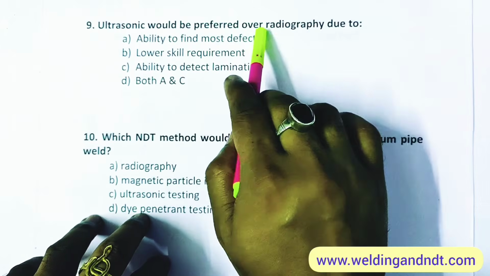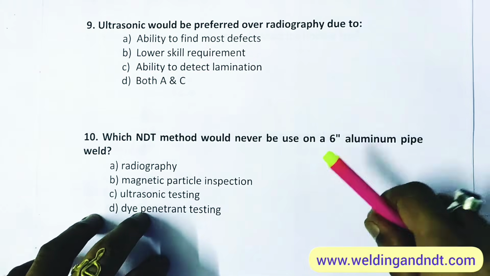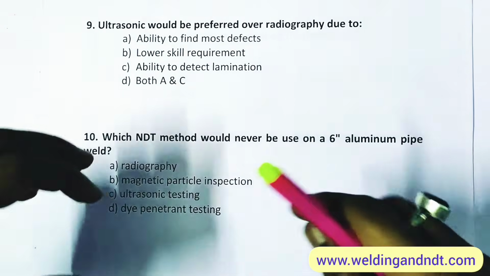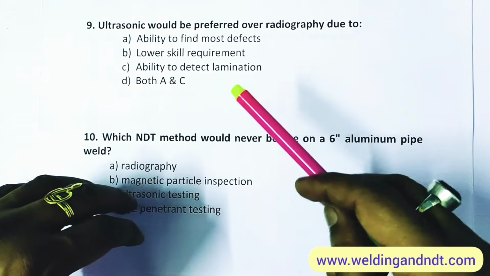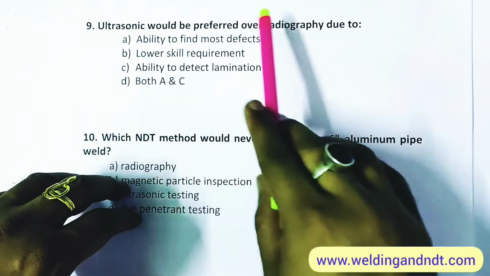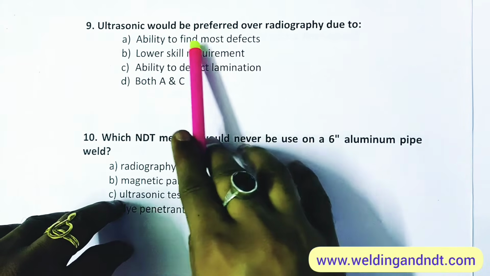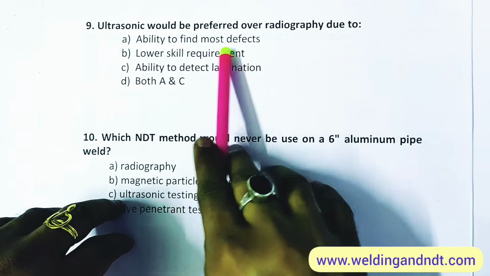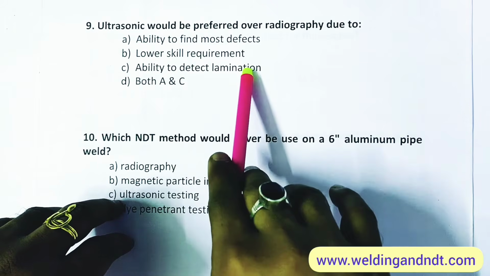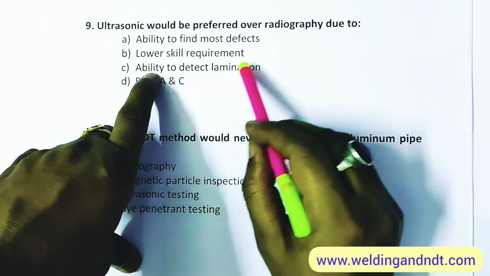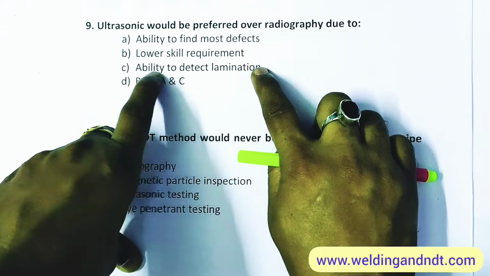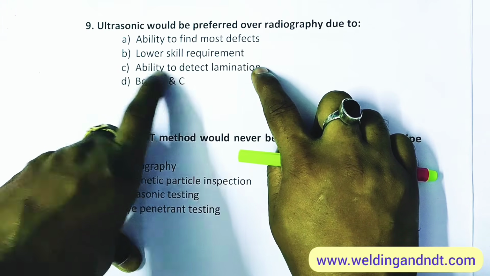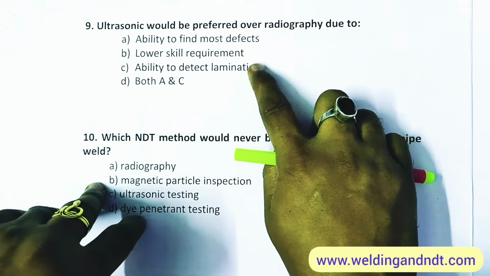Ultrasonic would be preferred over radiography due to. So what are the points in favor of ultrasonic over radiography? Ability to find most defects, lower skill requirement, ability to detect lamination. See, ability to detect lamination, this is one of the biggest reasons. With the help of ultrasonic test we can detect lamination, right?